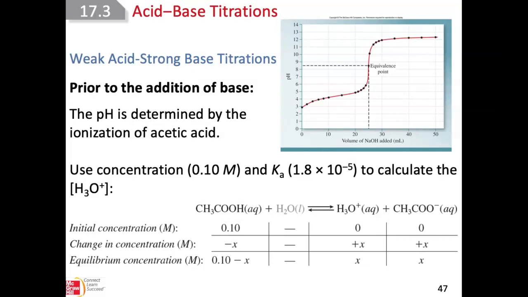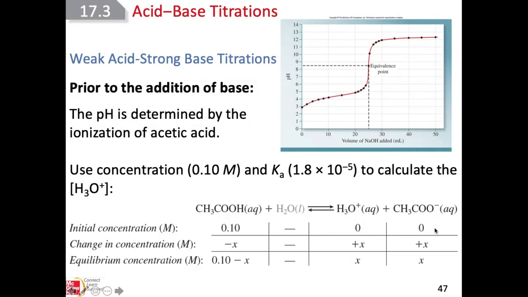But this is prior to the addition of a base. We did those calculations before, how to find the pH of a weak acid. So you will say, okay, this is my weak acid. The weak acid will form hydronium ion, and it will form the conjugate base. Then the reaction will reach equilibrium at the initial concentration of the acid that is given to me.